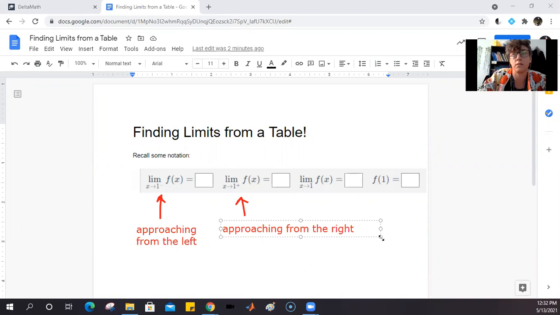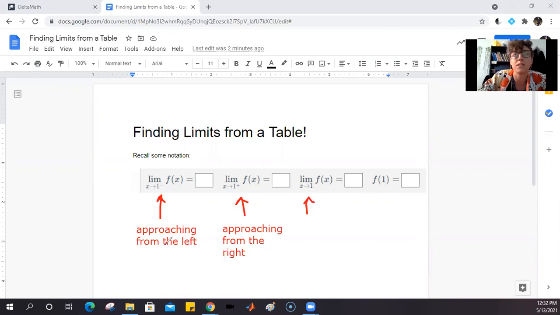All right, let's make that a little tinier. Okay, great. Then this says the limit of f of x as x approaches 1. So that's left and right. And this will only exist if the value we approach from the left is the same as the value we approach from the right.